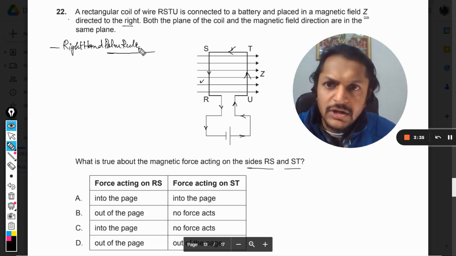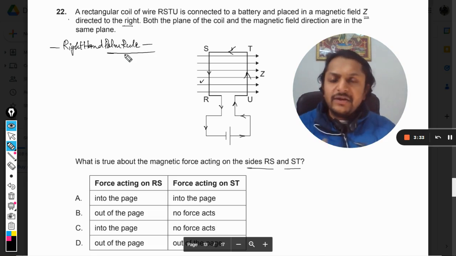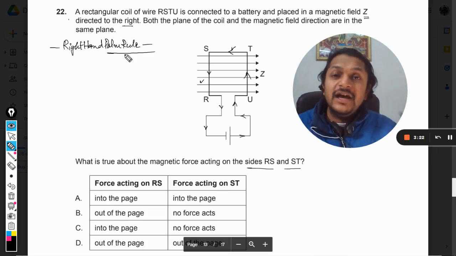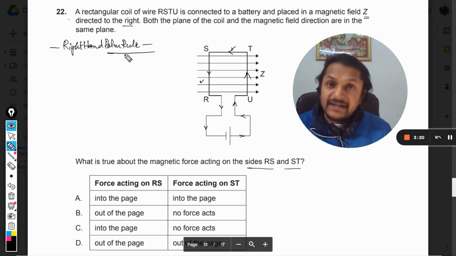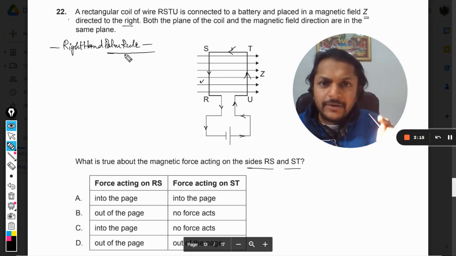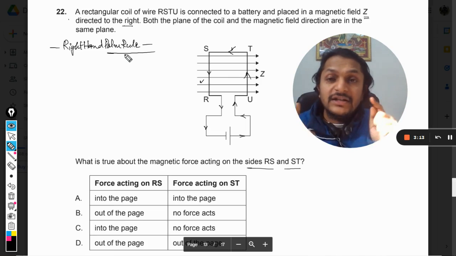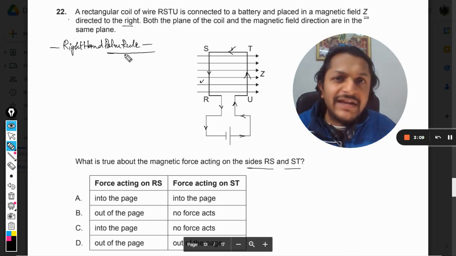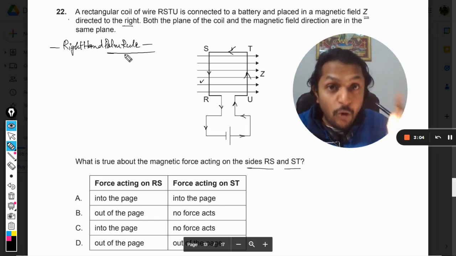I have given a dedicated video for right hand palm rule because it is of three types: type 1, type 2, and type 3. And I have discussed it in complete detail, and that video is available in the playlist for this topic. That is 5.4, I think. So you go there and you see there, this method is far better than any other method, and you will never be having a problem in these kind of questions ever again. I promise you that. Watch that video.